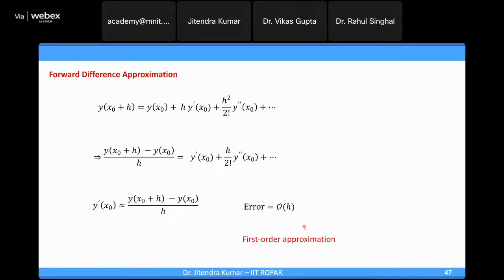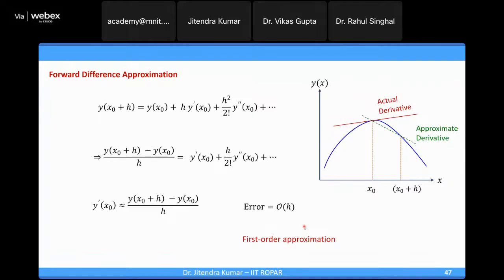If you want to see the geometrical representation, suppose this green curve is our function, and at x0 you have some actual derivative. I've just drawn the tangent there, which gives the actual derivative of the function. But we want to approximate it numerically, that means with the forward difference. So we have to take the point x0 plus h and its function value.